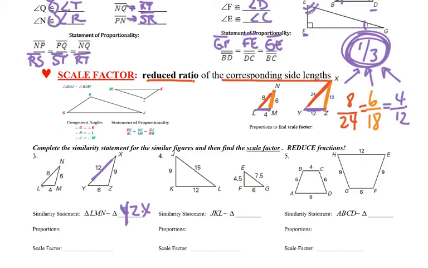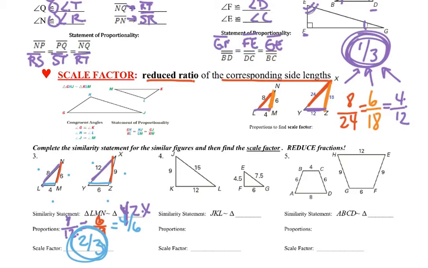There we go, 8 over 12 equals 6 over 9. We always do it as we read. The first one in the numerator, second one in the denominator, equals 4 over 6. So it's numerator, denominator, numerator, denominator, numerator, denominator. All these three fractions reduce to, you're right, 2/3. That is the scale factor.